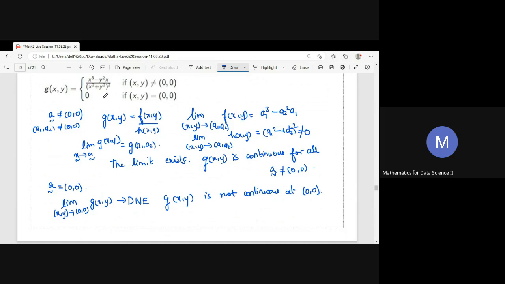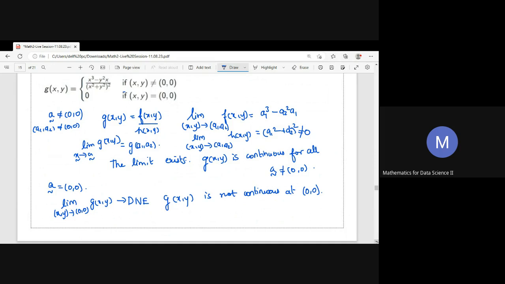Usually the discontinuity happens in piecewise functions, at the point where the pieces vary. So you can guess where the discontinuity happens. Here, at the point (0, 0), you have a discontinuity.